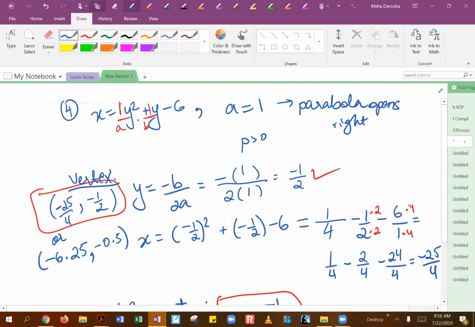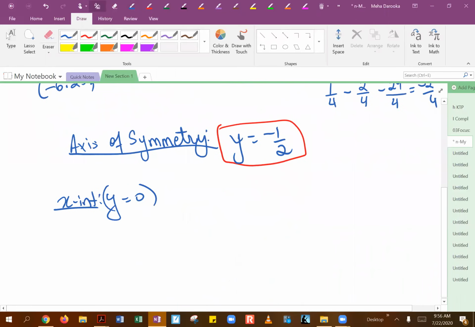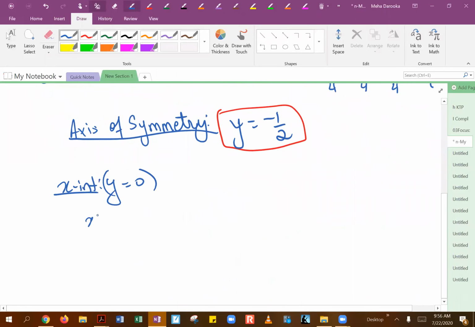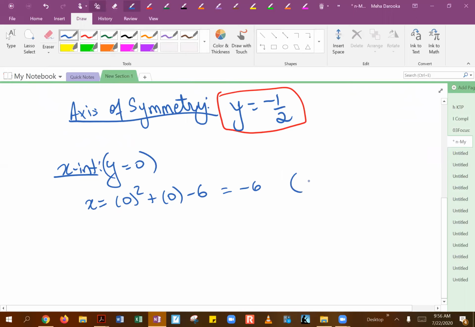So since we already have the equation, that is x equals y squared plus y minus 6. That would, of course, end up becoming just negative 6. So our x-intercept would be at negative 6, 0.